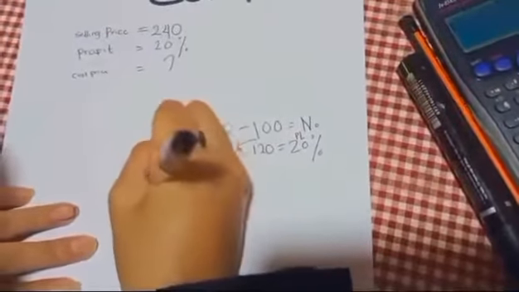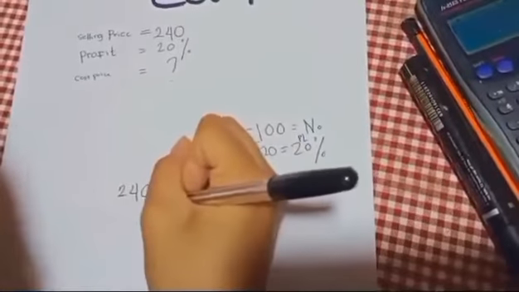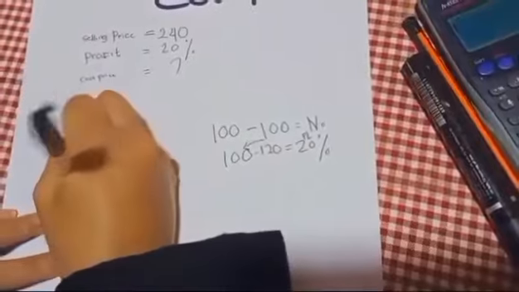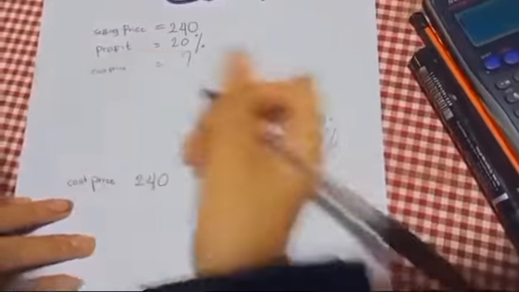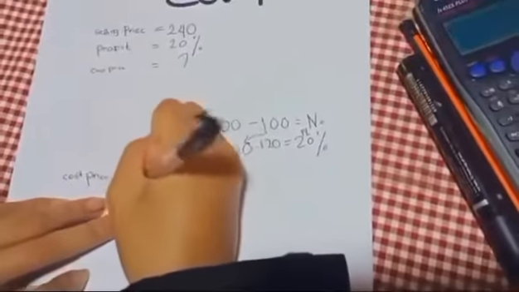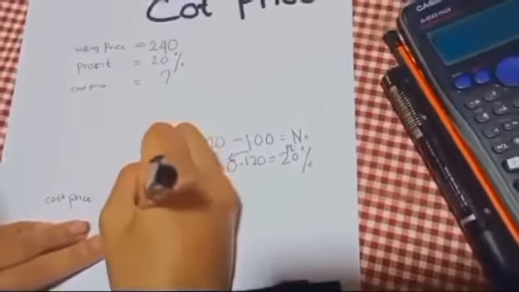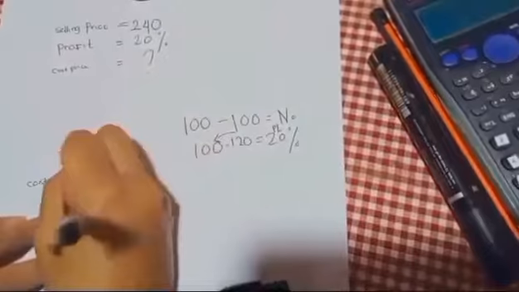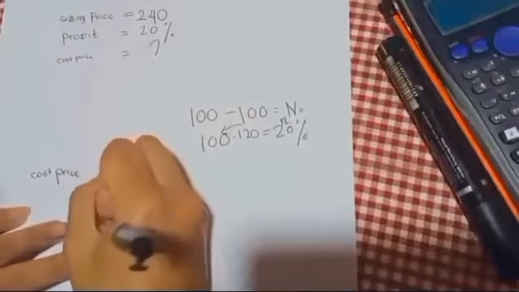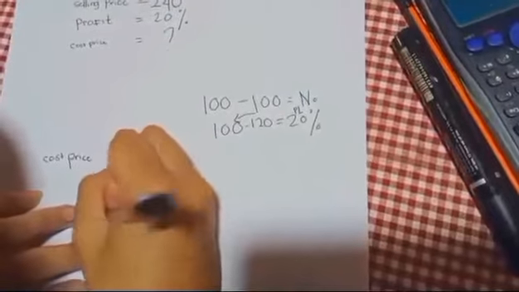Now we put in the formula to find the cost price. Cost price is equal to selling price, which is 240, divided by 120 over 100, because I already told you we sell it at 20% profit, which means you sell the product at 120% of the cost price.